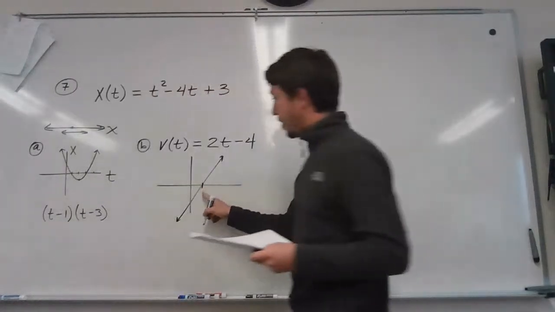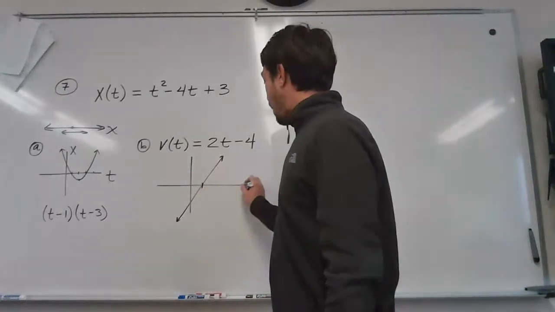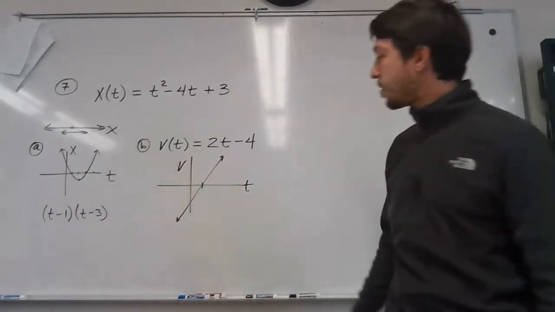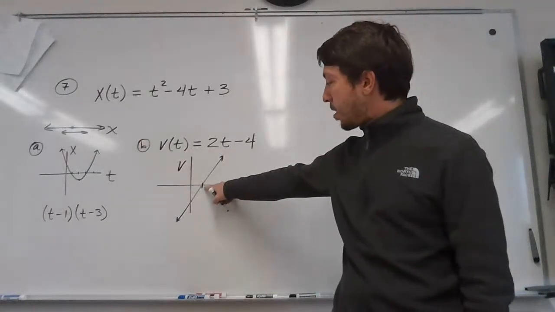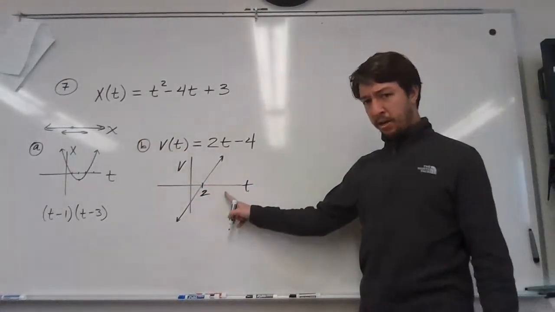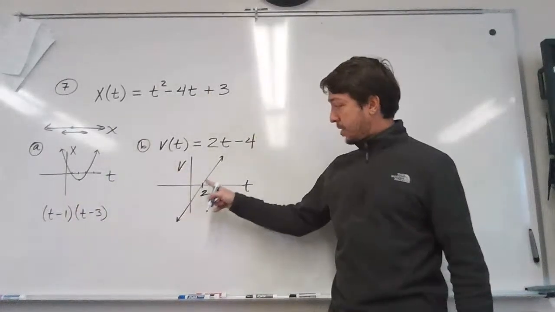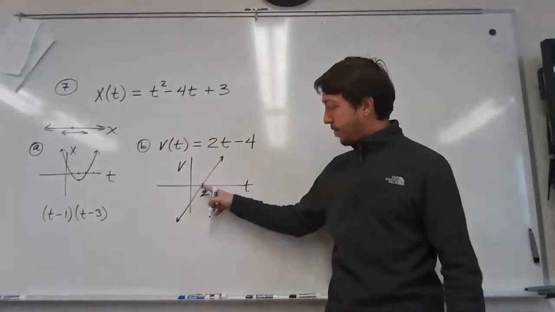Now that point is of interest. This is a time versus velocity graph. What number is right there? 2. Does that agree with this graph? See how the velocity is changing from negative to positive?